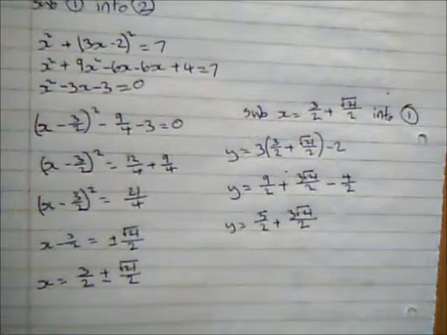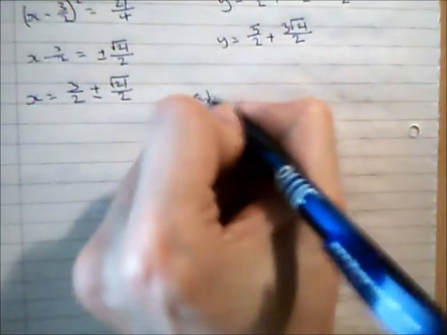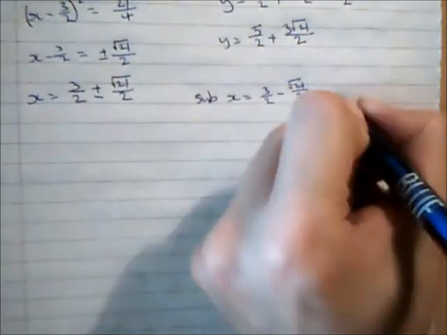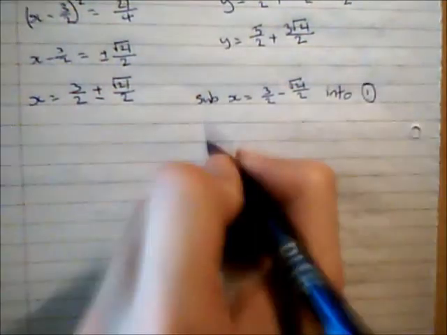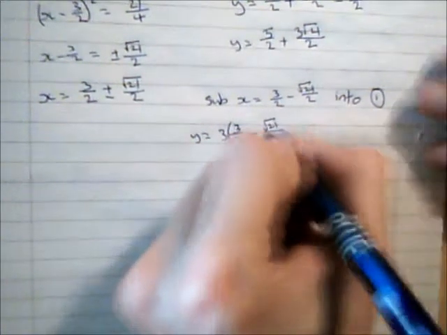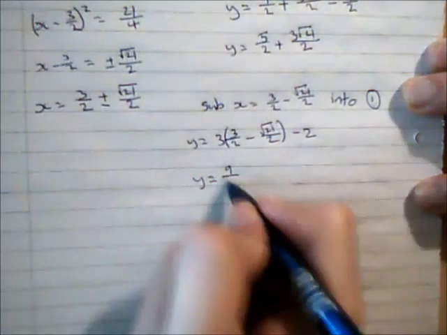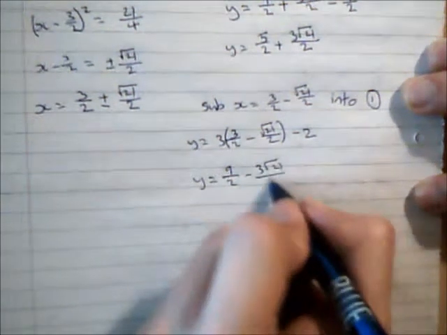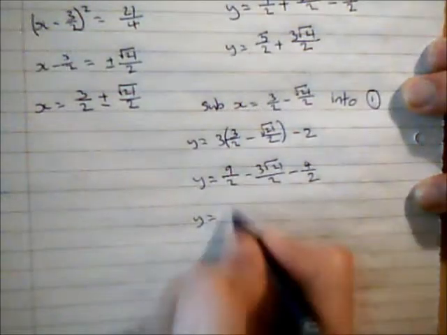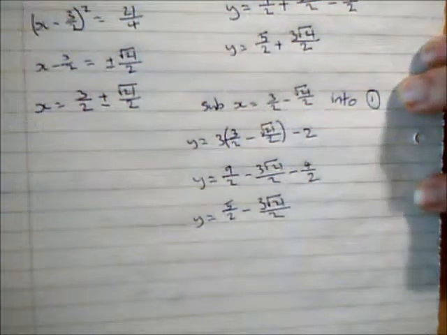And I'm going to do exactly the same process in order to find the second one. So I'm going to substitute x equals 3 over 2 subtract root 21 over 2 into equation 1. Again, I'm going to rewrite 2 as 4 over 2. And I'll get y equals 5 over 2 subtract 3 root 21 over 2.